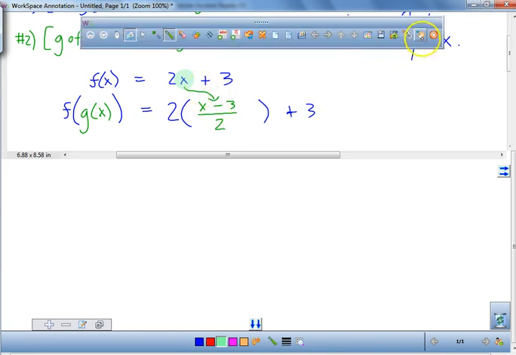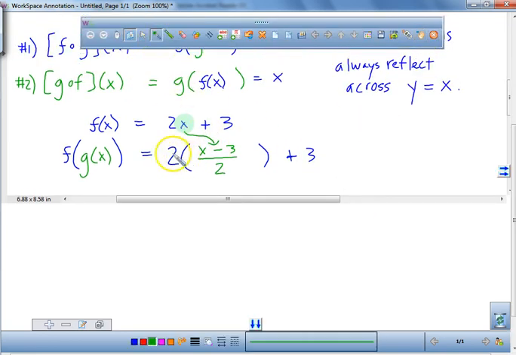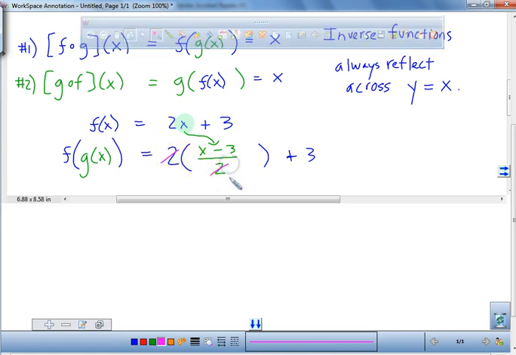All right, so what do you notice right here? We have 2 that's going to be multiplied to all of this. Well, if there's a 2 right here in the numerator and there's a 2 in the denominator, technically, those would cancel each other out to a 1. And now you're left in parentheses with just an x minus 3 plus 3.